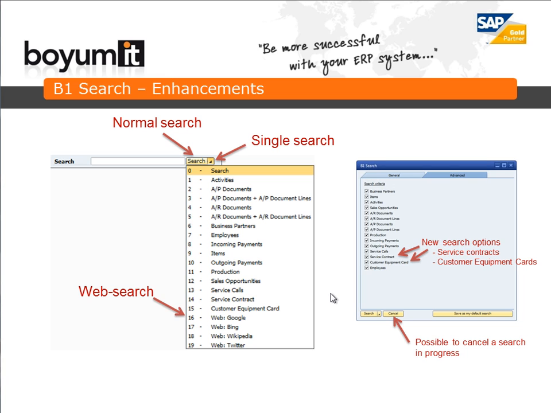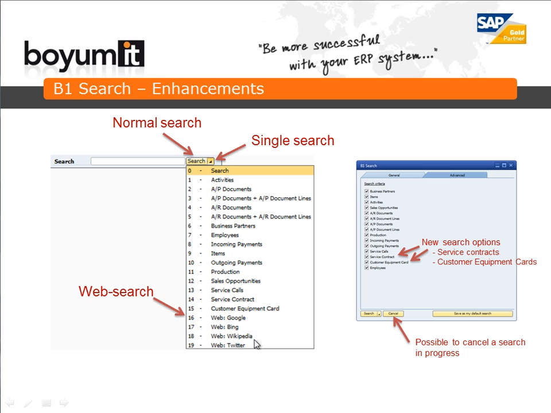Also for B1 Search, we introduced something called single searches. The search button on the toolbar is now a combo button, where you can either press search to do a normal search as you would before, or you can press the little button next to it called single search.